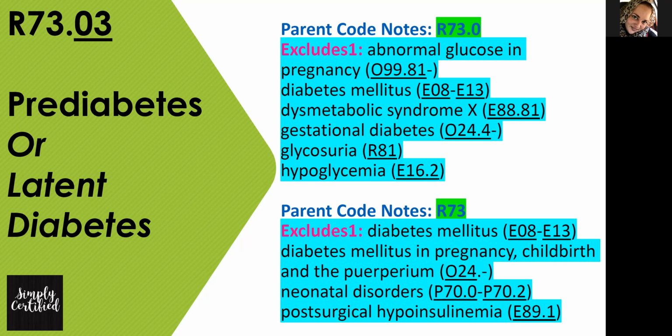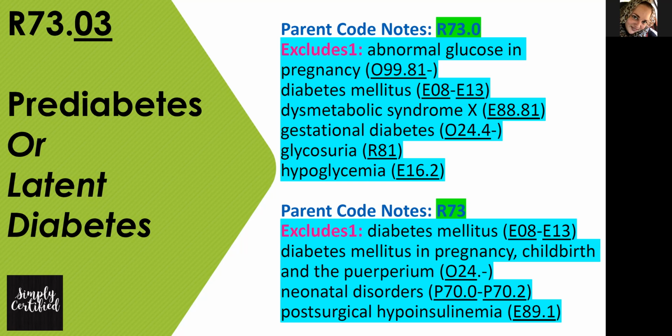And the neonatal diabetes, I don't know how much earlier you can get diabetes than the neonatal period, but yeah, you can't have pre-diabetes and neonatal diabetes. So excludes note on R73.0.